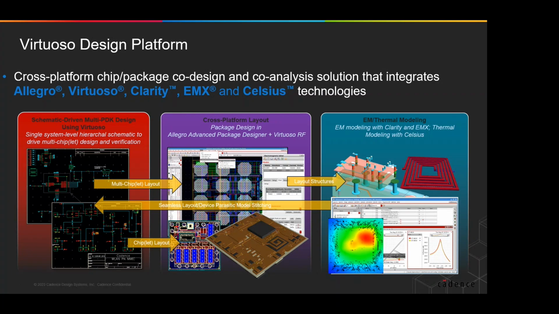It lets you go from multi-chiplet layout to package layout to EM and thermal modeling, and then move backwards from, say, EM modeling back to your IC layout and back annotate the EM extracted parameters. And so today we'll be talking about all these tools, how they work together, and how you might take advantage of them.